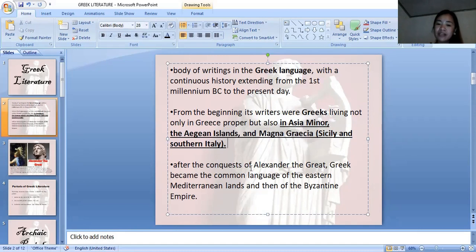Right. After the conquest of Alexander the Great, Greek became the common language of the Eastern Mediterranean lands and then of the Byzantine Empire. I'm not sure with the pronunciation, so let's search about it.